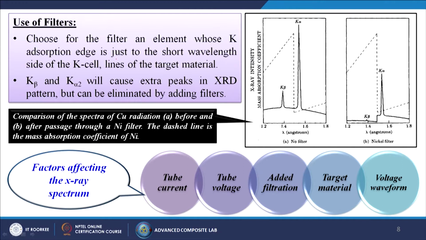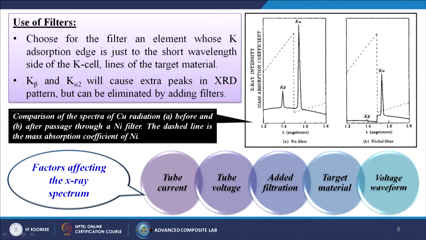Choose for the filter an element whose K absorption edge is just on the short wavelength side of the K shell lines of the target material, so that it can eliminate the other sources. K beta and K alpha 2 will cause extra peaks in the XRD pattern, but can be eliminated by adding filters. That is why we add filters, to restrict the other spectra.